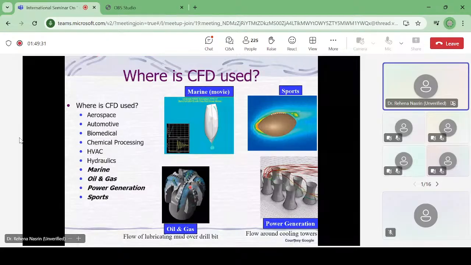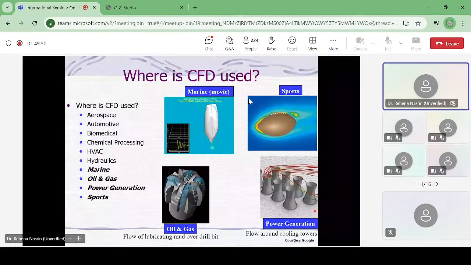And also this is the chemical industry where oil and gas are produced, flow over a drill bit, and this sector is very important in our chemical industry.